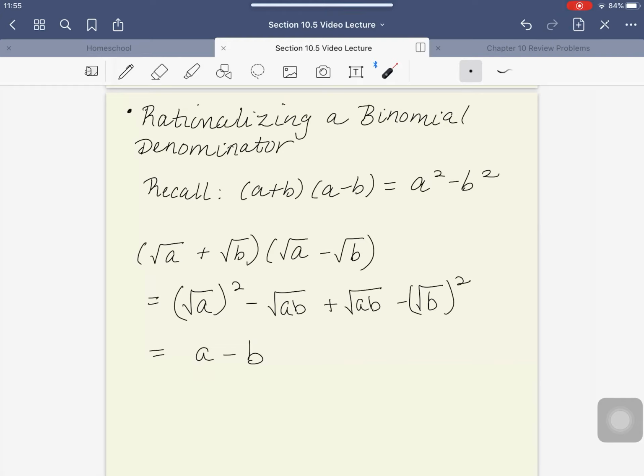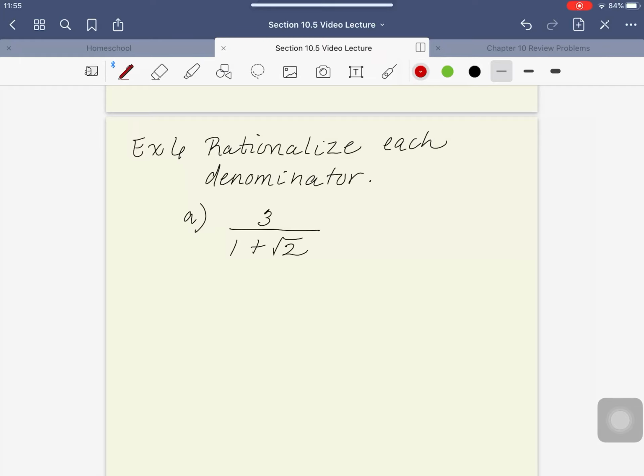So example 6, if I want to get rid of this radical, I'm going to turn that into something similar to the difference of two squares. So I'm going to multiply both top and bottom by 1 minus the square root of 2.